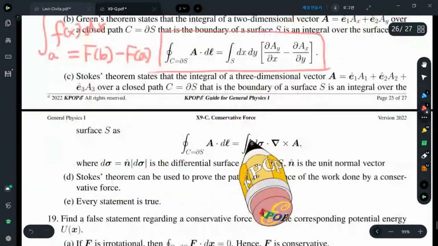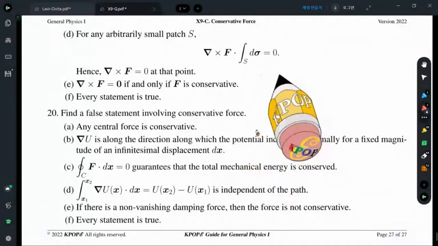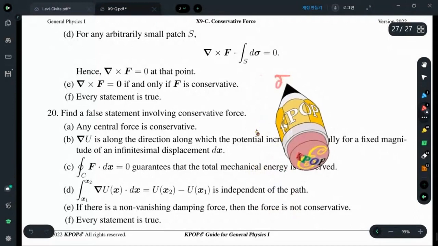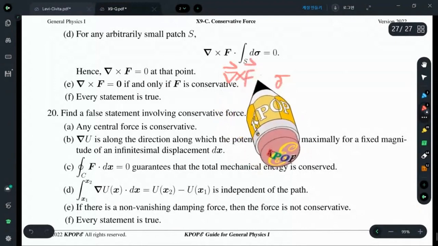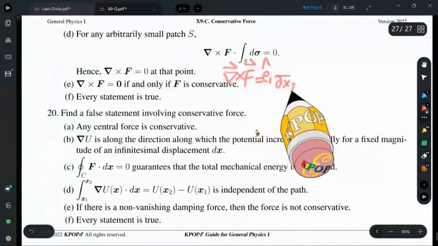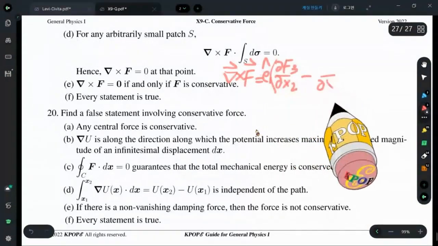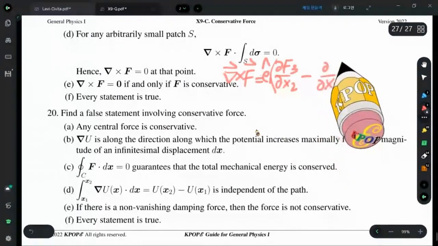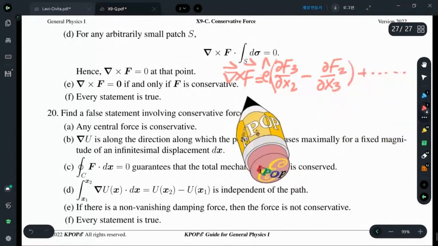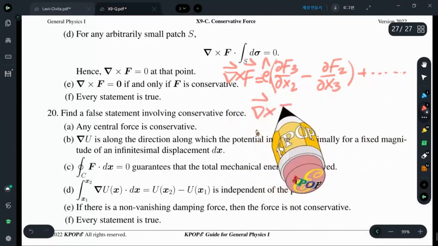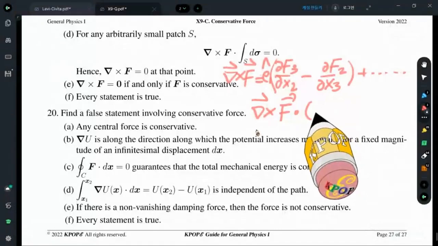If we have a curve, something like that, we take the scalar product with the area element.